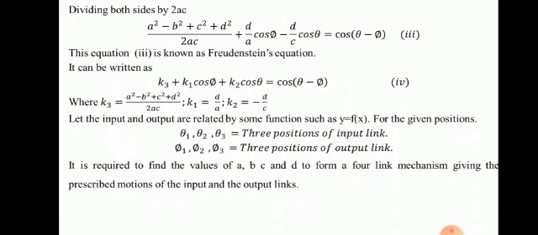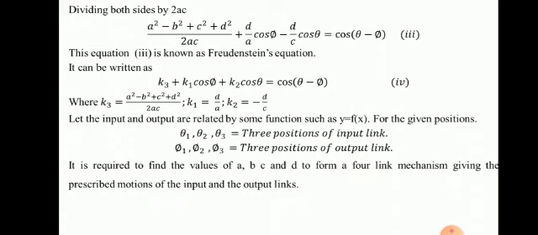It can be written as K3 plus K1 cos phi plus K2 cos theta is equal to cos theta minus phi. This is the fourth equation, where K3 is a constant, K1 is D by A, and K2 is minus D by C.